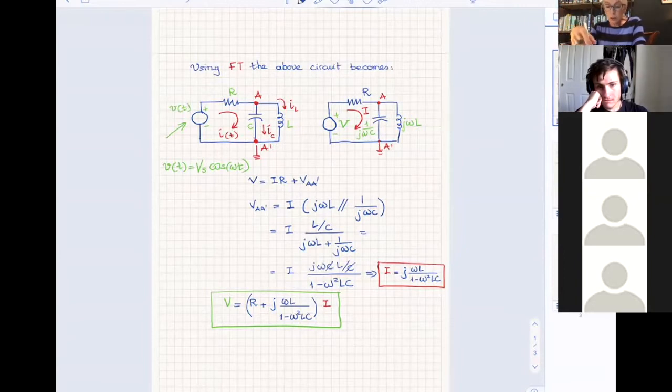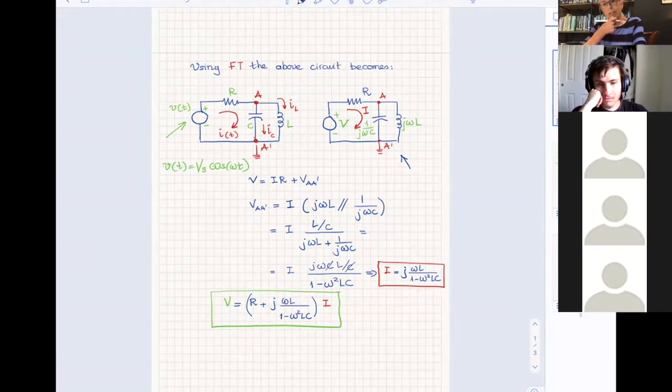And then we solved this circuit here as if it were a circuit with only impedances, like resistors of some sort. Now there are resistors, and then there are imaginary components, like the j omega L has a j in front of it, but we treated it as an impedance, as a resistor.